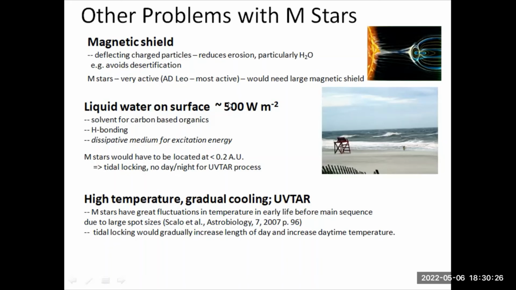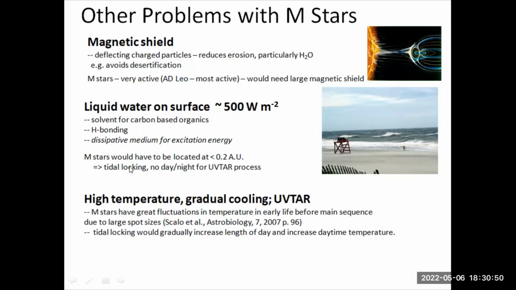Also, to get liquid water on the surface, we need about 500 watts per meter squared. And this is important for hydrogen bonding and as a medium for dissipating the electronic excitation energy. So for the M-type stars, the planet would have to be located very close to the star itself.